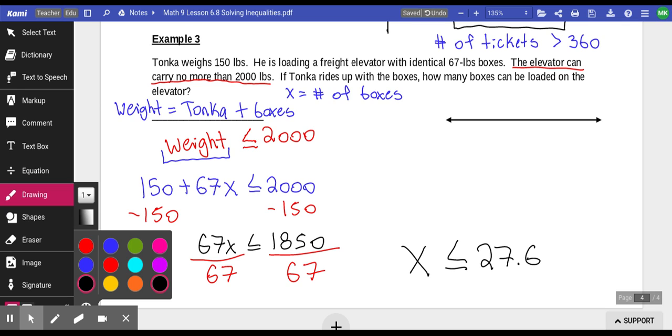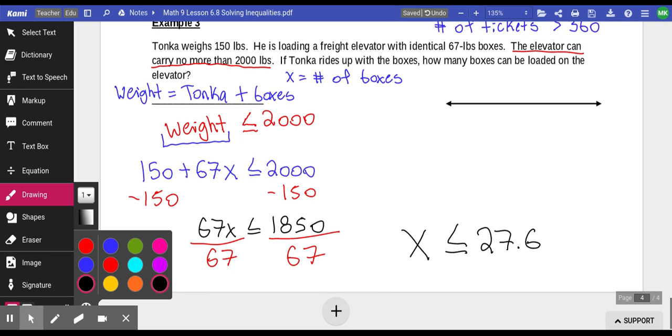If we wanted to logically talk about this, X is the number of boxes. So we're saying the number of boxes that Tonka has on the elevator has to be less than or equal to 27.6. Now, that doesn't make logical sense, right? Because you can't have 0.6 of a box.